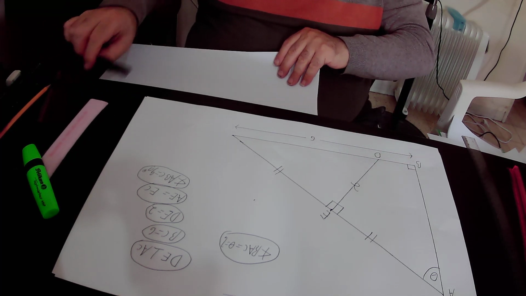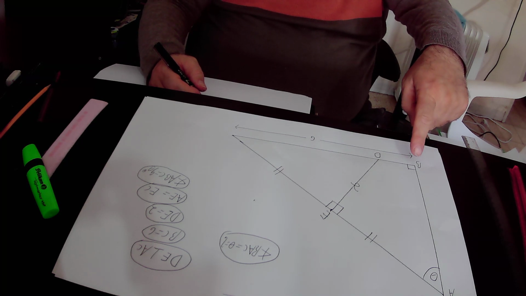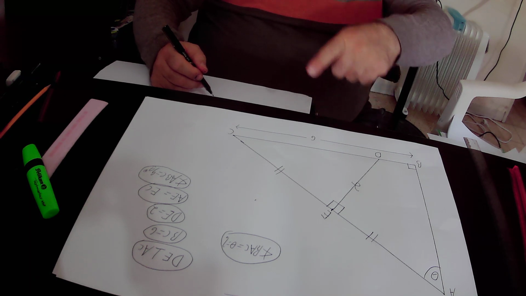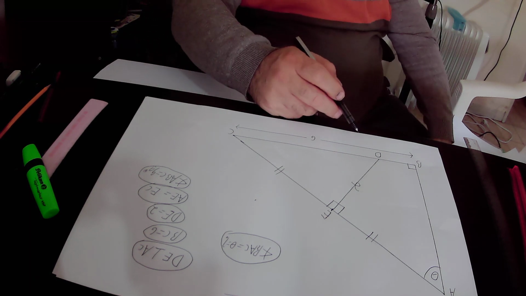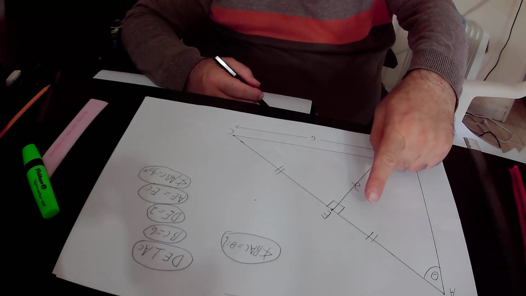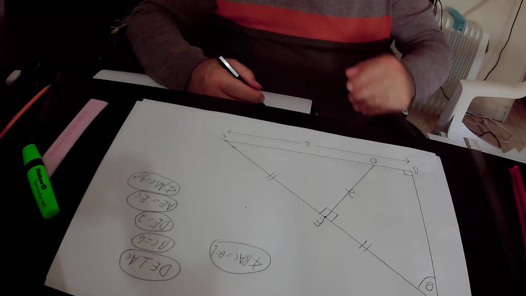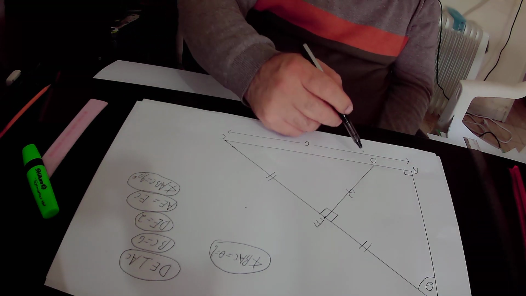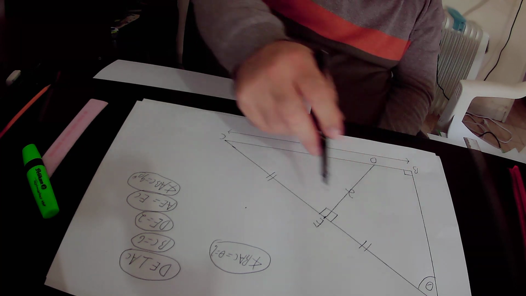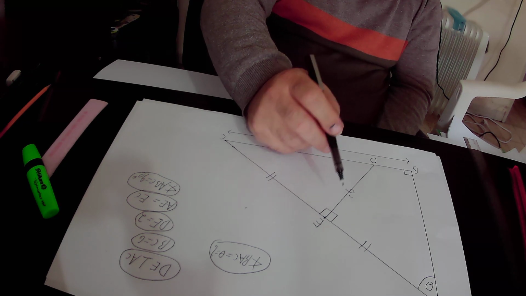In the drawing, we have the right triangle, triangle ABC, angle ABC equals 90 degrees, side BC of triangle ABC equals 6 units, line segment DE equals 2 units, and we also know that AE equals EC, and that line segment DE is perpendicular to AC, that is to say this angle equals 90 degrees and this angle also equals 90 degrees.